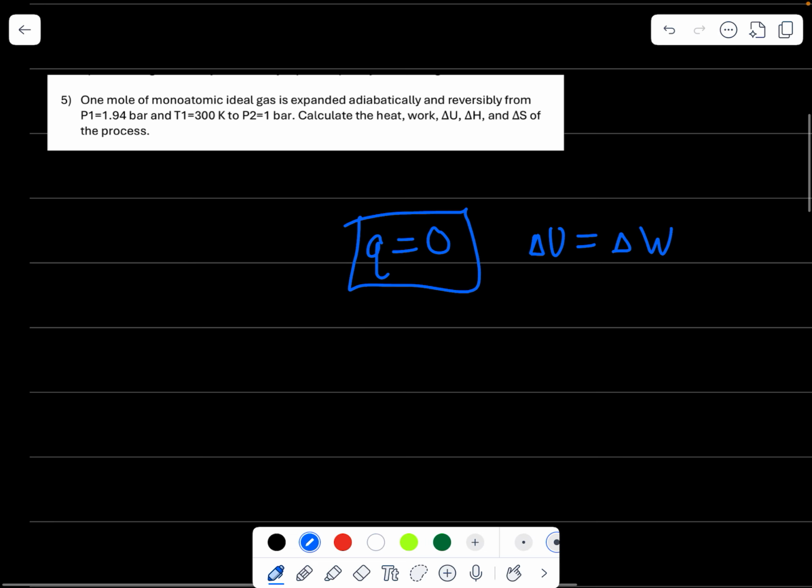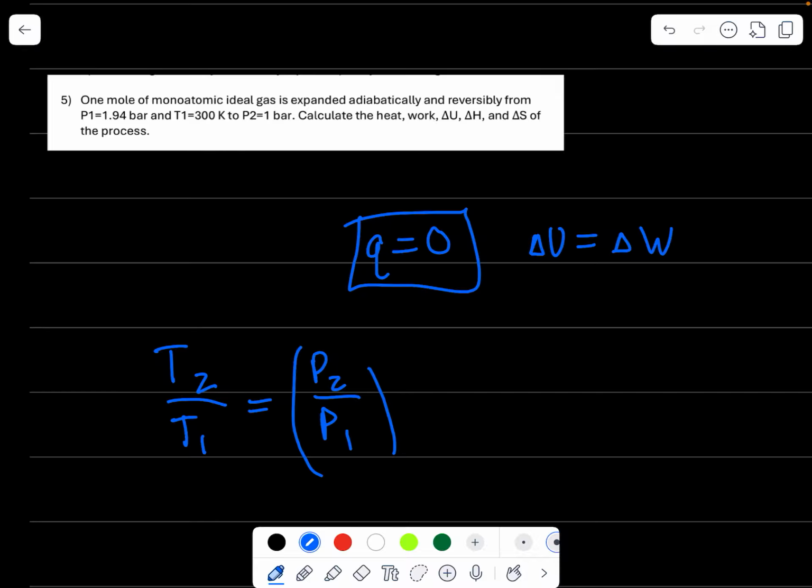To receive temperature 2, we have to use this equation that I have here: T2 over T1 equals P2 over P1, raised to the power of Cp over Cv minus 1, divided by Cp over Cv.